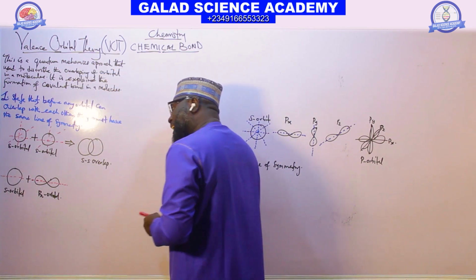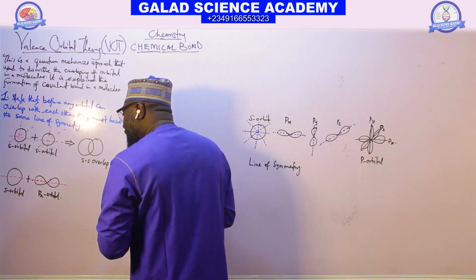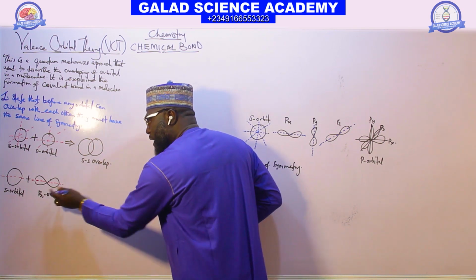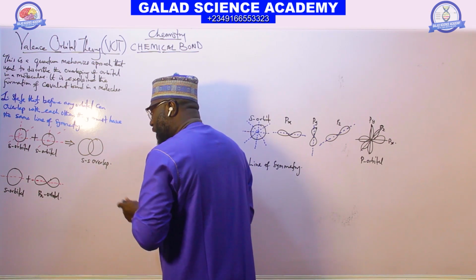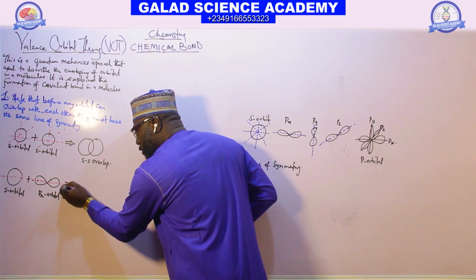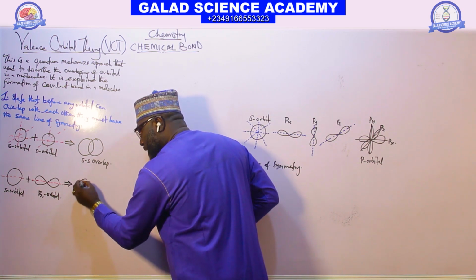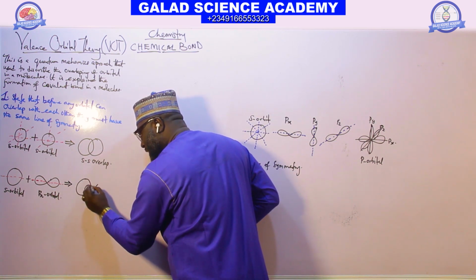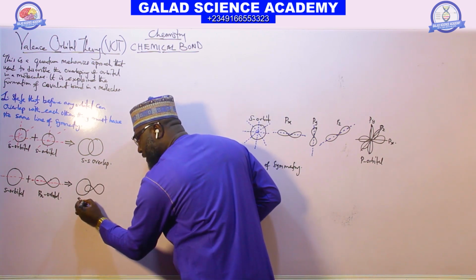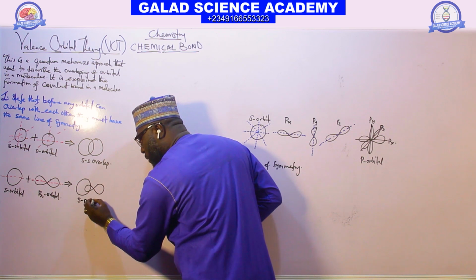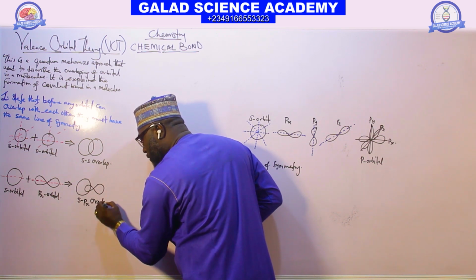Therefore, this S and Px can overlap. So we can have overlapping. This overlap can exist. We call it S-Px overlap.